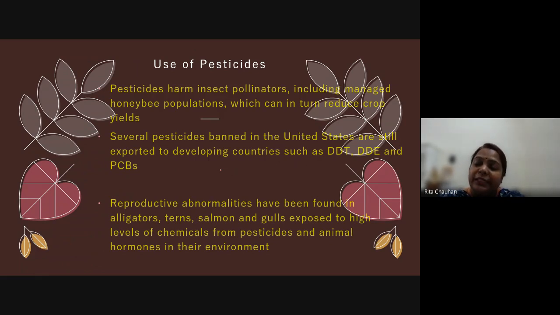So pesticides like DDT, DDE, PCBs are getting accumulated in the future population also. We call it biomagnification. So this is very harmful for our environment and the animals also.